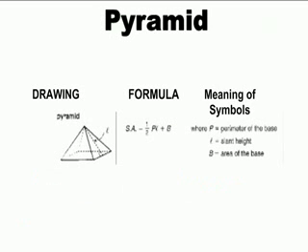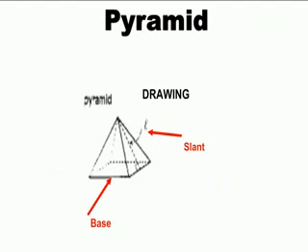Now a pyramid. In a pyramid, here's something here. It's called the slant, and it's indicated by an L. And then you have the base, which is down here.